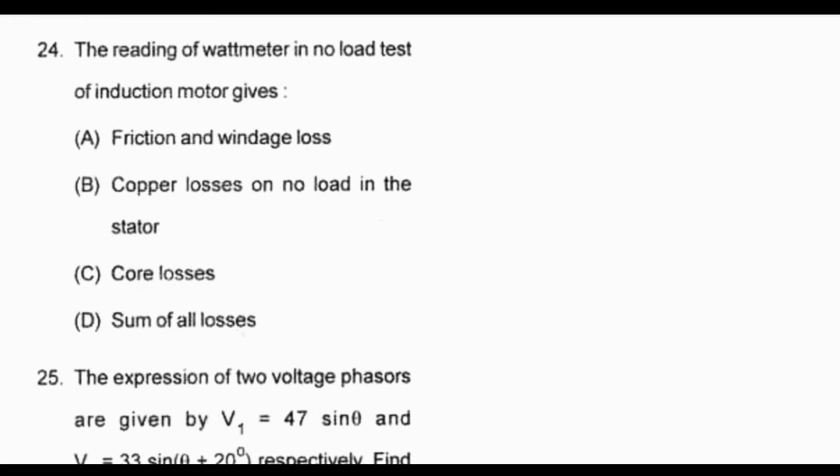So here the answer is sum of all losses, because the reading of wattmeter in no load test of induction motor gives mechanical loss, that is the friction and windage loss, plus the copper loss on no load in the stator, and also the core loss in the stator. So this is the sum of all losses.